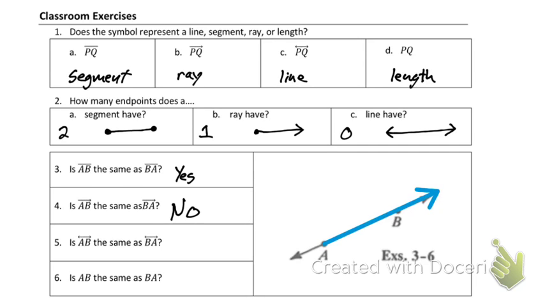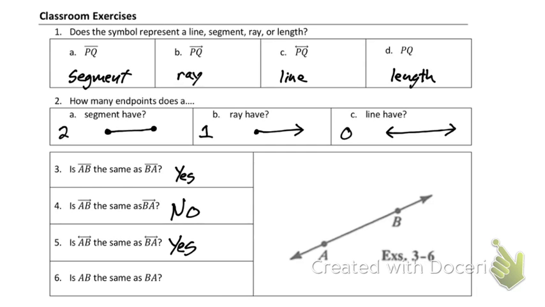Is line AB the same thing as line BA? Yes, they're the same thing. Because watch this. This is line AB. This is line BA.